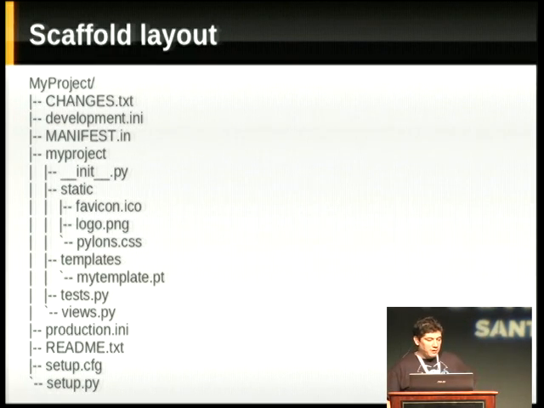And you can see it's structured like a Python setuptools distribution. And it has a package inside that's called myproject. And we usually have a static directory where we will put all static resources, CSS, images, etc. A templates directory where the templates that will be rendering the pages are.